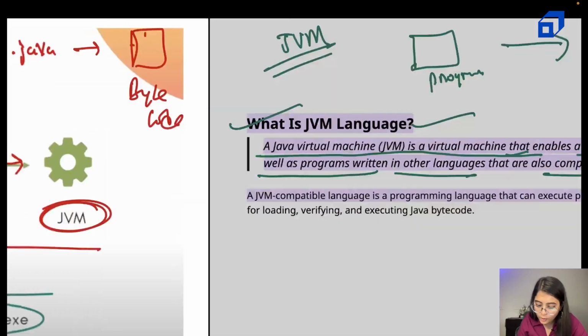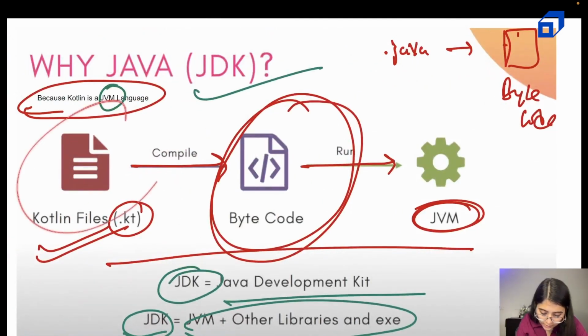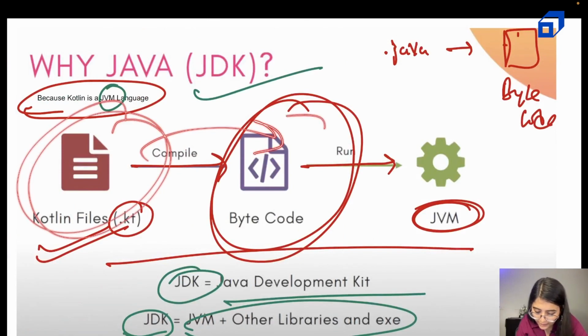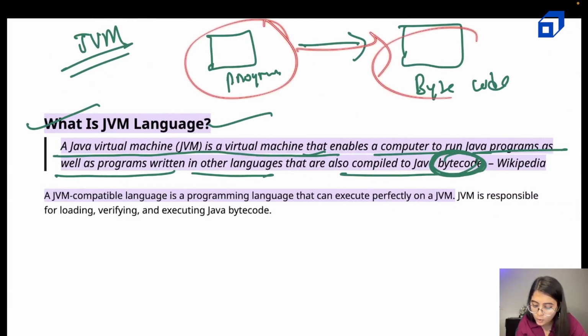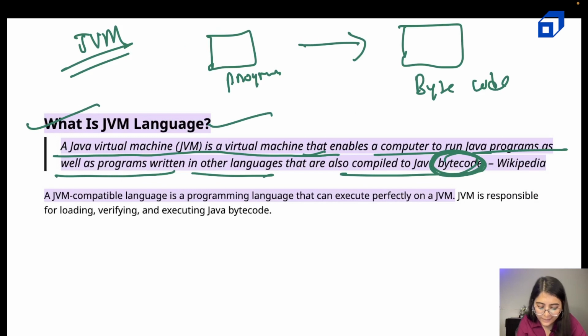So we just got to know that Kotlin code can be compiled into bytecode, right? So JVM is that machine which runs any program which can be compiled into bytecode. So obviously indirectly it means JVM can run Kotlin code as well.